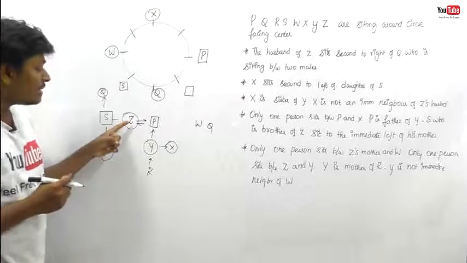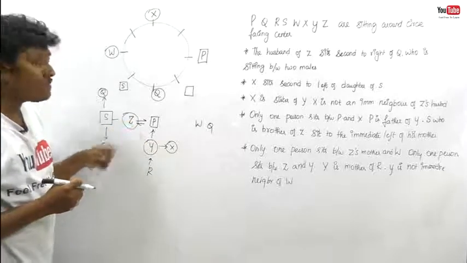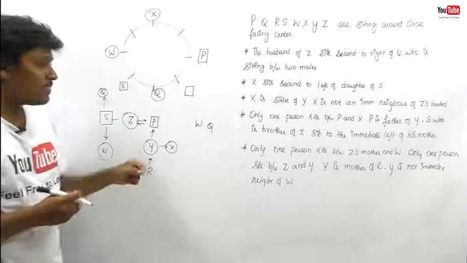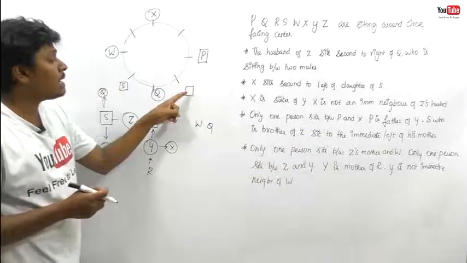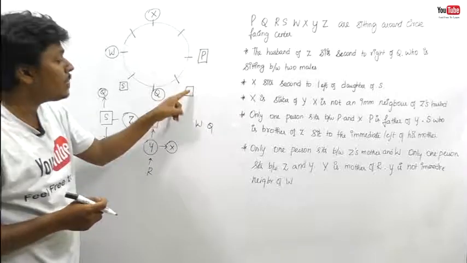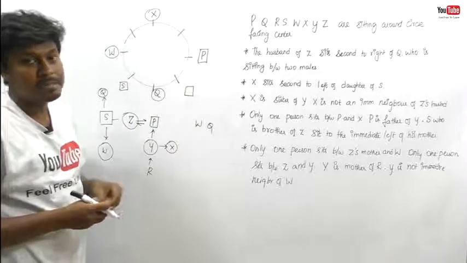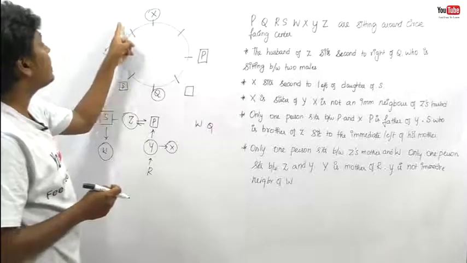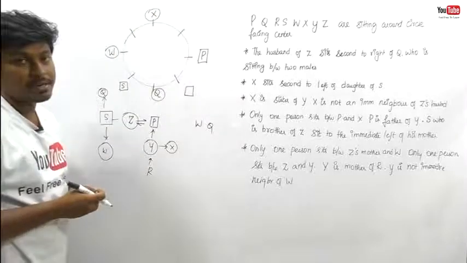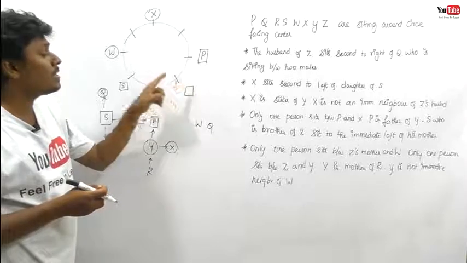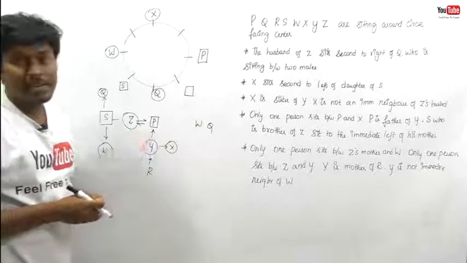Both Z and Y are female. So we can't place Z and Y here, because this is the only place for a male person. There is no possible chance that Z and Y can come here, right?